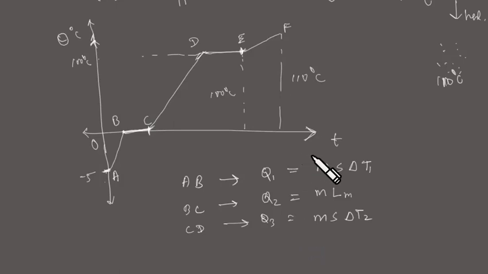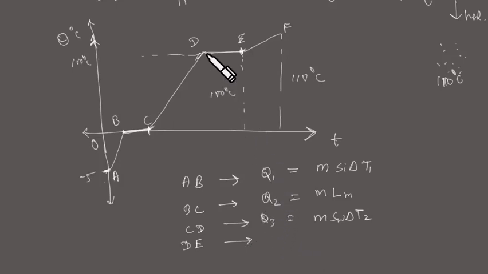So first this was the specific heat capacity for ice, and then this is the specific heat capacity for water. Mind it, this is for the ice. Let me write I here, this is W. Then from D to E, here also the temperature does not change.